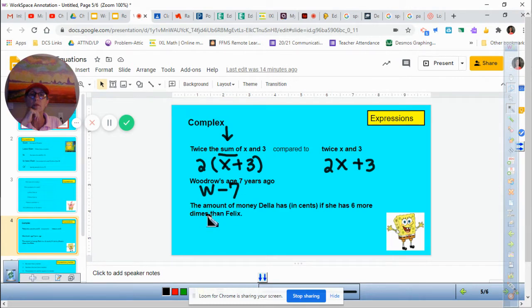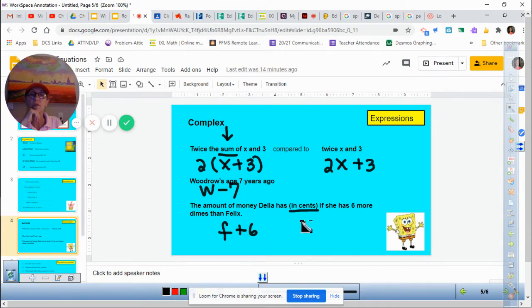Now this is an interesting problem. It is more complex. The amount of money Della has in cents if she has 6 more dimes than Felix. Well, how many dimes does Felix have? We don't know. So in algebra, when we don't know, we write a variable. So we're going to say that Felix has F dimes. Della has 6 more dimes than Felix, so let's add 6 to this.